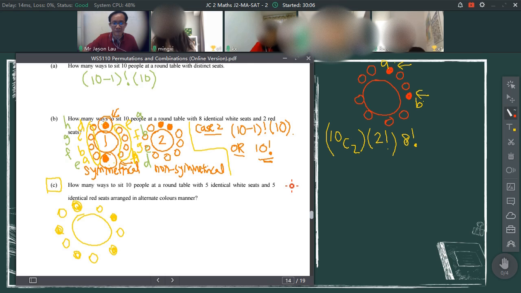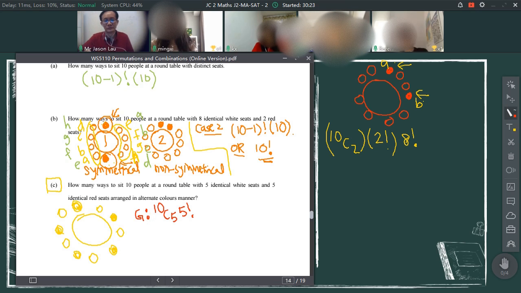Is it 10 choose 5, then 5 factorial? Any more to add? Yes, there's a formula for circular permutation, but under some conditions it may not work directly, so you need to be careful in this sort of situation.